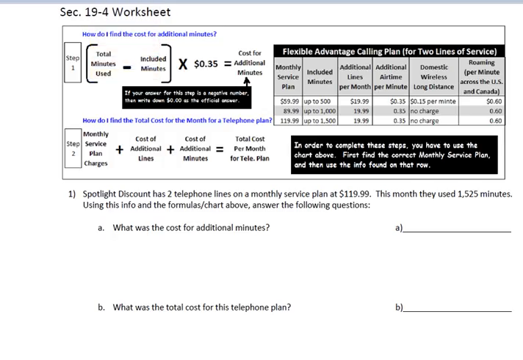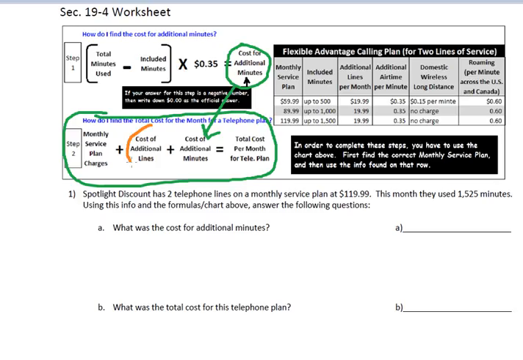In step two, what we're looking at is the total cost for this month for the telephone plan. We're going to need to know the cost of additional minutes that we got right here, and we'll plug that in there. But we'll also have to know the cost for additional lines. Most of these plans are going to come with 2 lines.